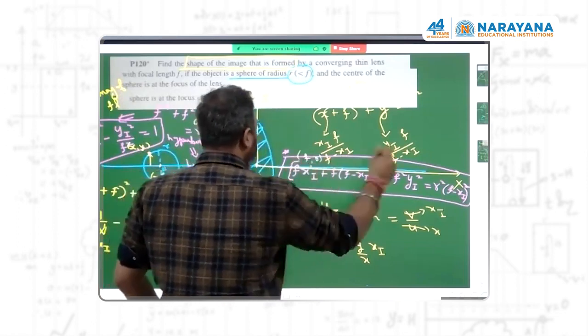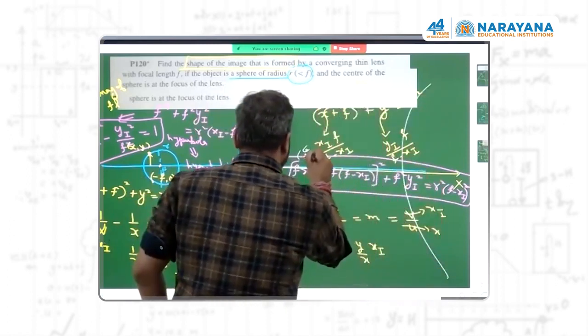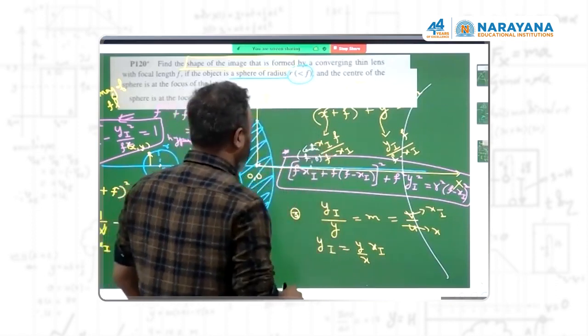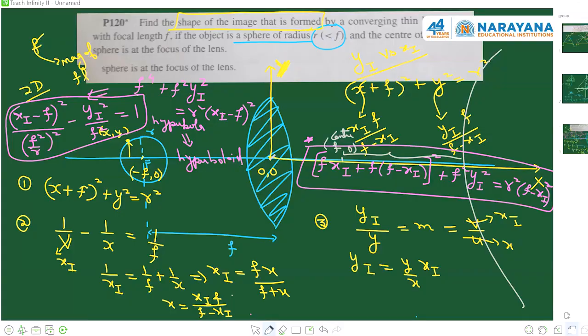With respect to the center, this is the center of hyperbola. The optical center was 0, 0. And the distance from here, a, right, that is f square by r. So at a distance of f plus f square by r, you draw a segment of a hyperbola.